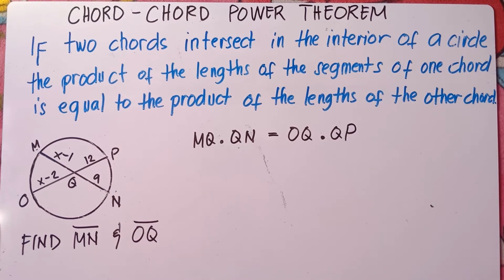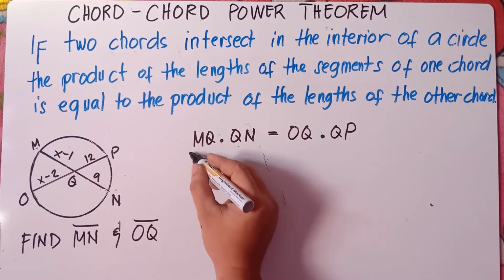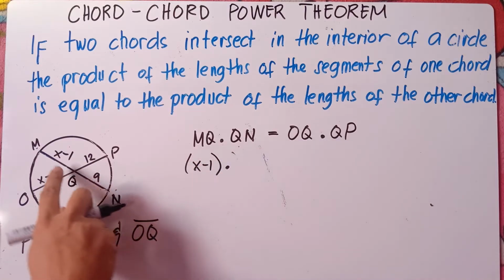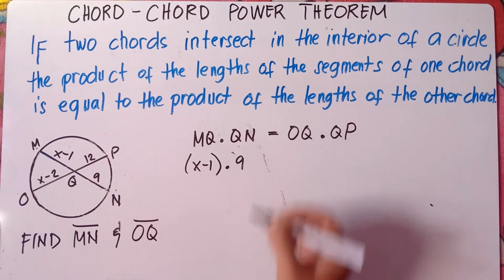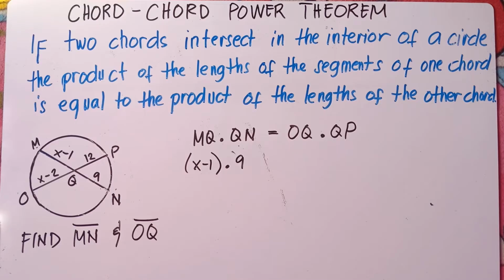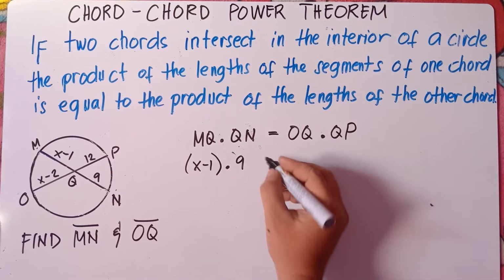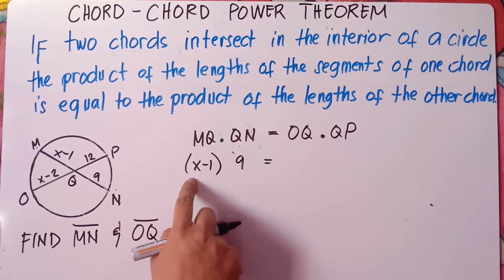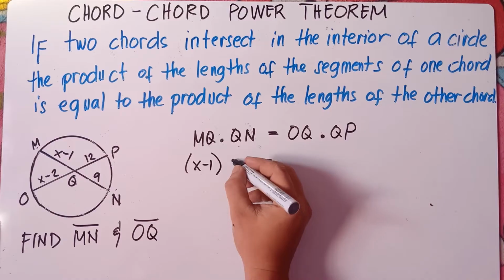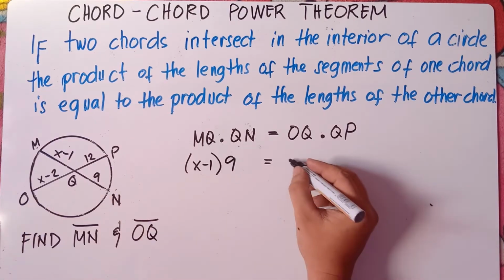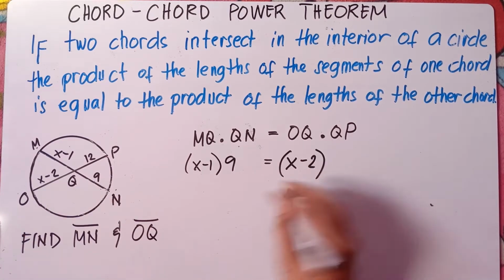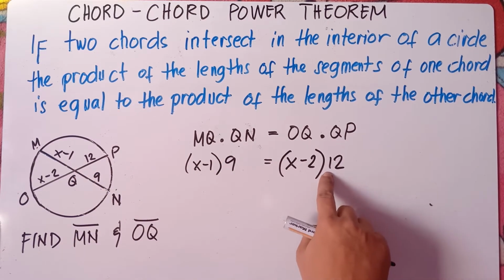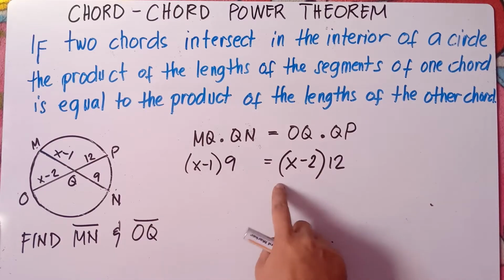MQ is x minus 1, so x minus 1 multiplied by 9 equals OQ, that's x minus 2, multiplied by 12. You can put parentheses here, understood as multiplication, so you don't need to put a dot, because parentheses mean multiplication.